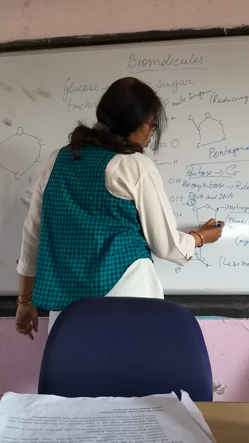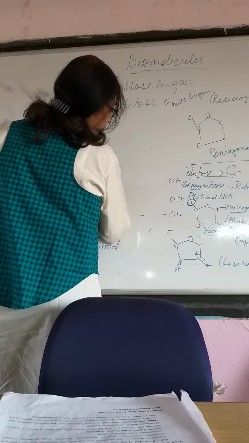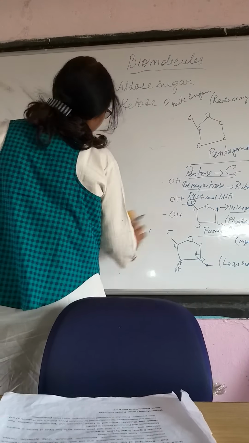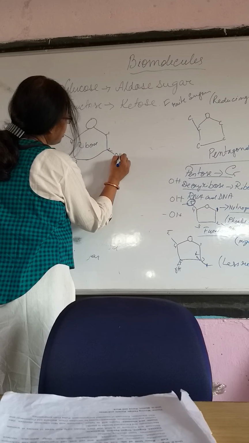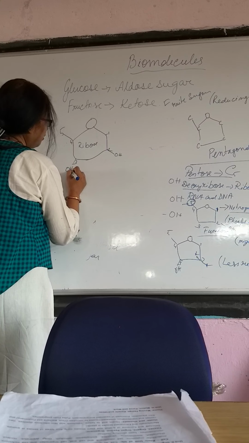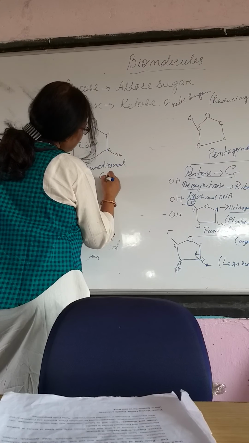In ribose, this is the ring structure. This is position 1, 2, 3, 4 and here the 5th part. This is ribose. Here the OH and OH are the functional groups.